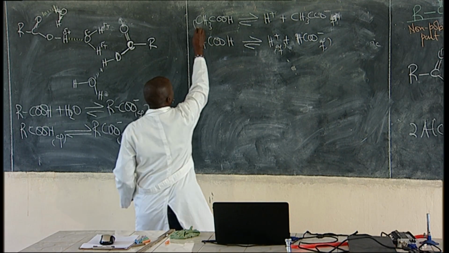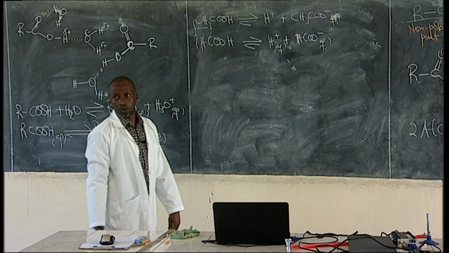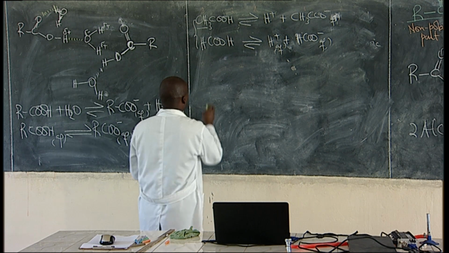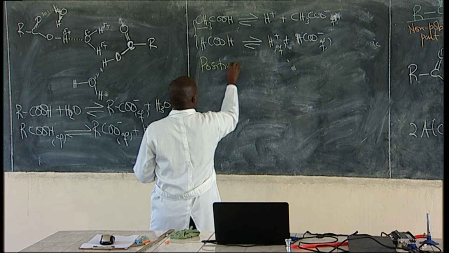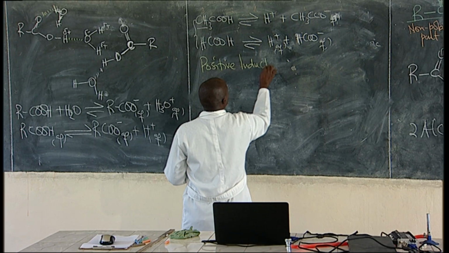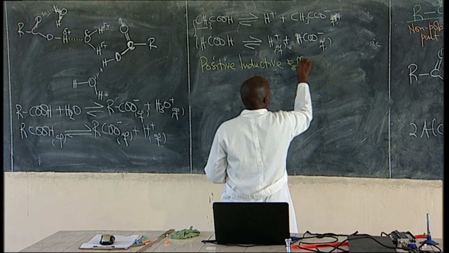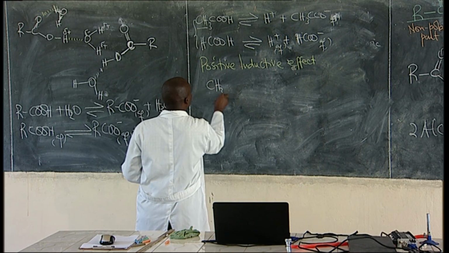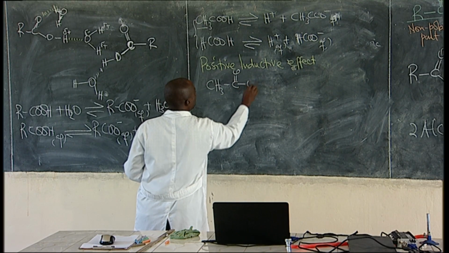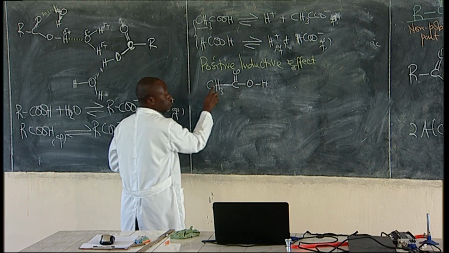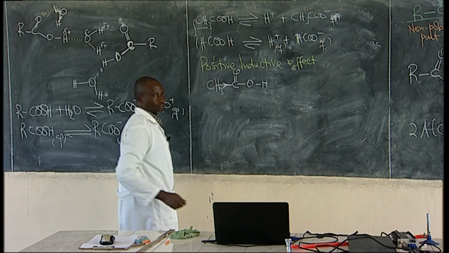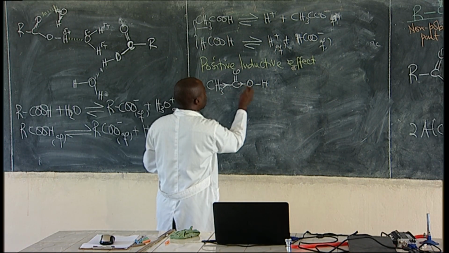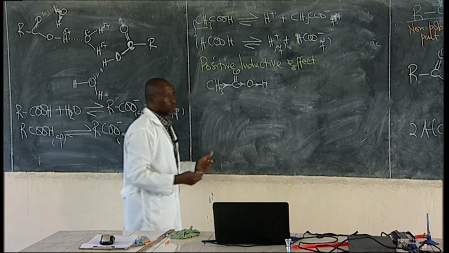So when we're comparing these two, which one is stronger? You will have to look at this. The methyl group has what we call a positive inductive effect. This methyl group is always donating electrons towards this carbon, so the electron density increases.